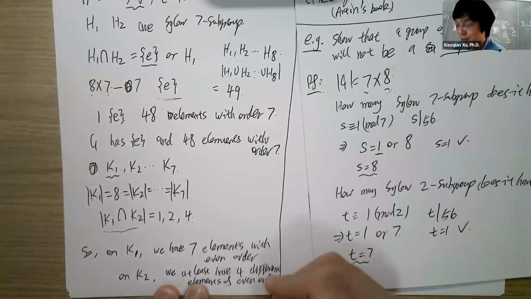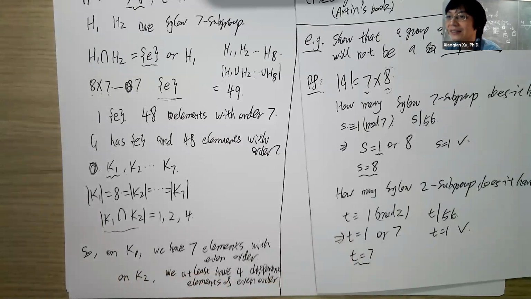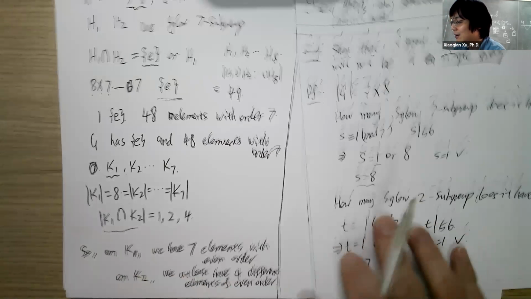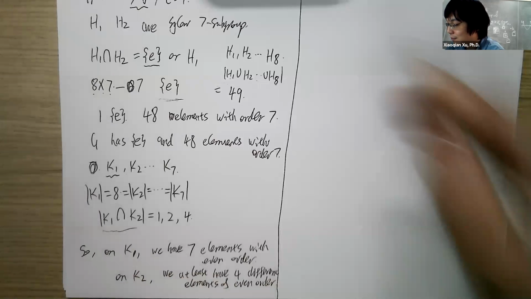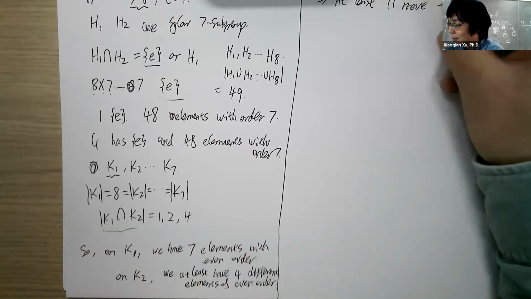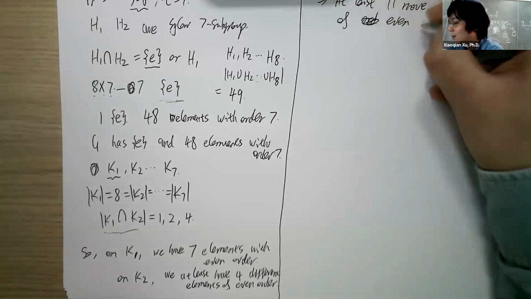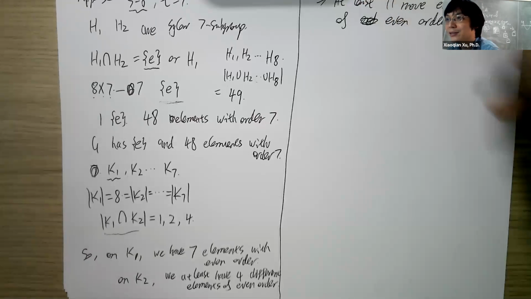The elements in K1, K2, and K7, other than the identity, must have even order, either order 2, or order 4, or order 8, right? So in total, we get at least 11 more elements of even order, which is a contradiction, right?